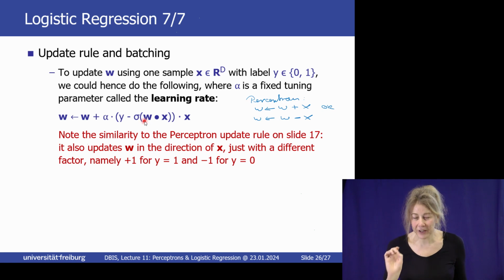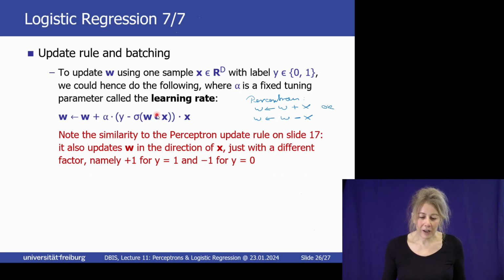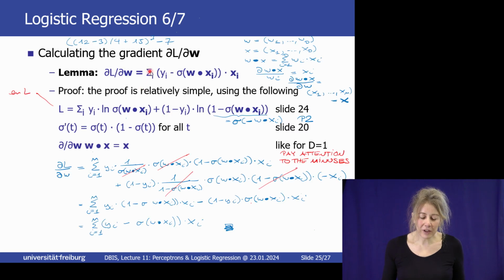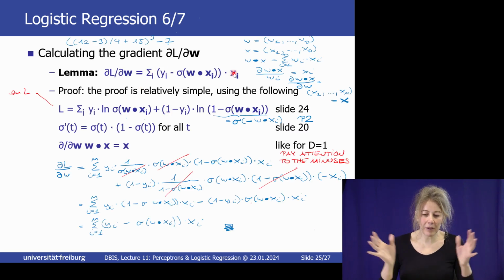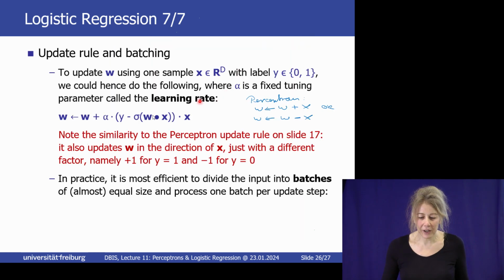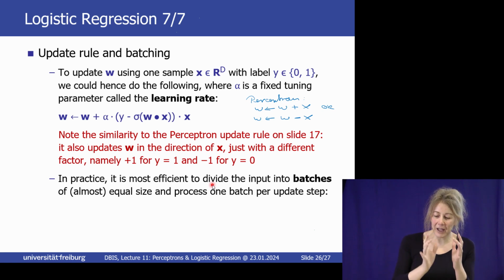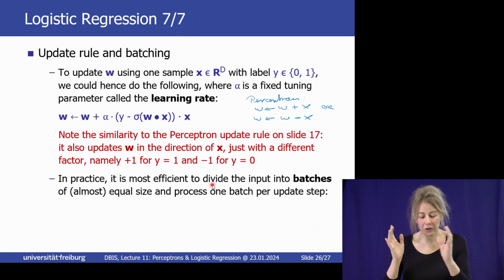And the last thing, and then we are done. So here we did it for all the samples, so you sum up the gradients for all the samples. It's a sum over all my input points. Here I just did it for 1 point. How you actually do it in practice, I will not explain why, is you divide your input into batches of equal size.